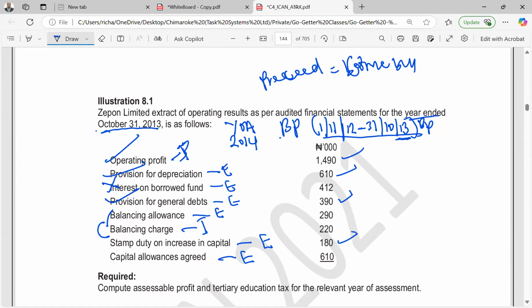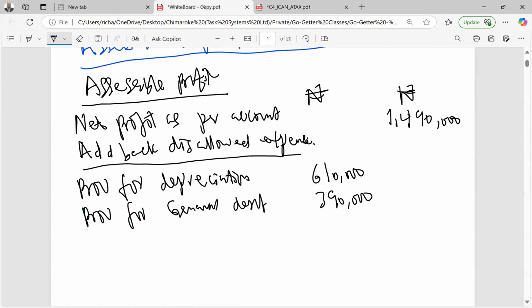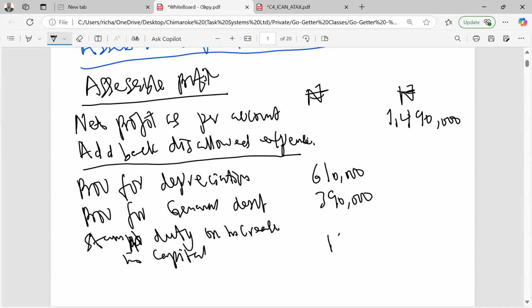So this 180, stamp duty on increase in capital, 180,000.